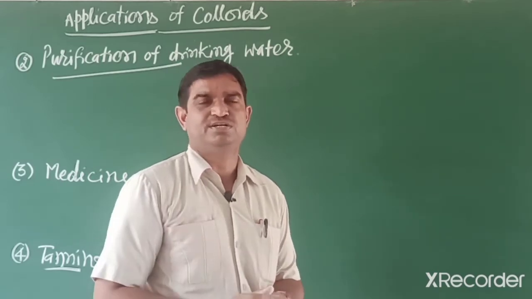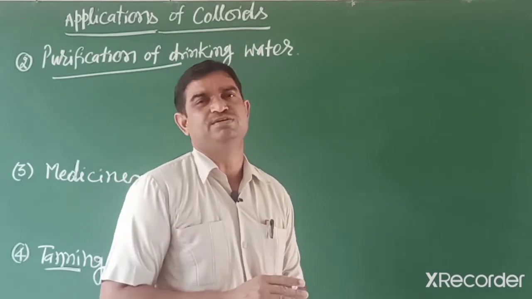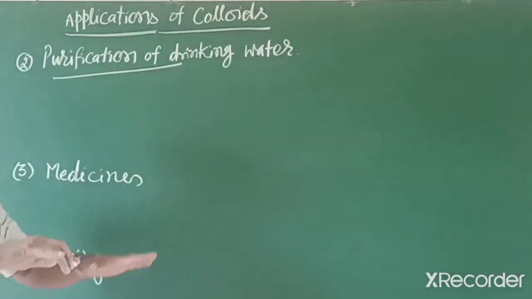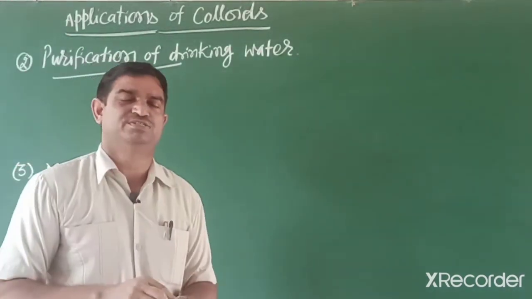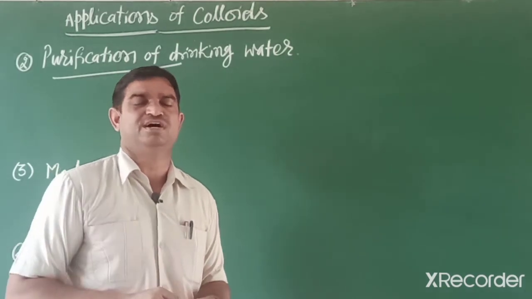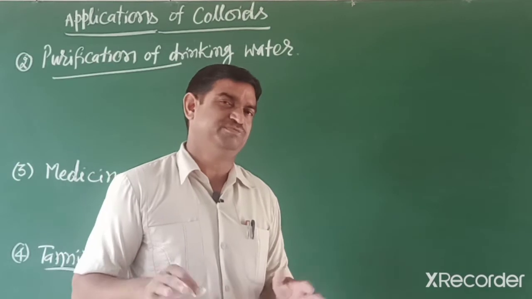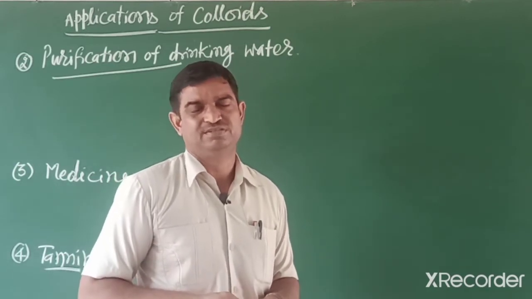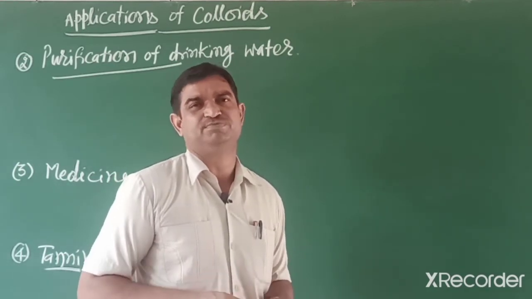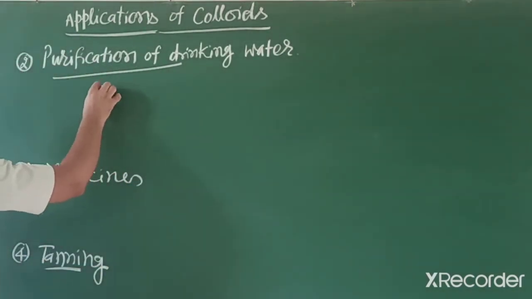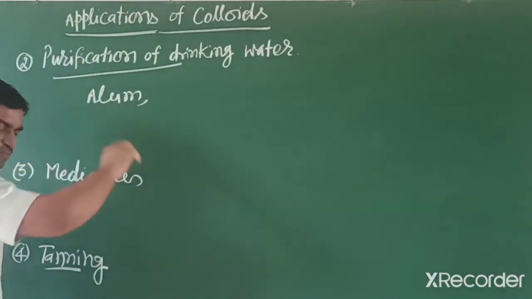In this the water has many suspended impurities. How can we remove those suspended impurities? At first we store it, then sedimentation, because the suspension particles settle down, but if the impurity remains as a colloid, it can't precipitate out. So to that water we add alum, potash alum, potassium permanganate.